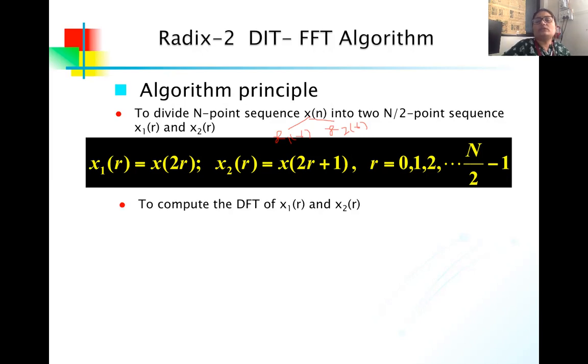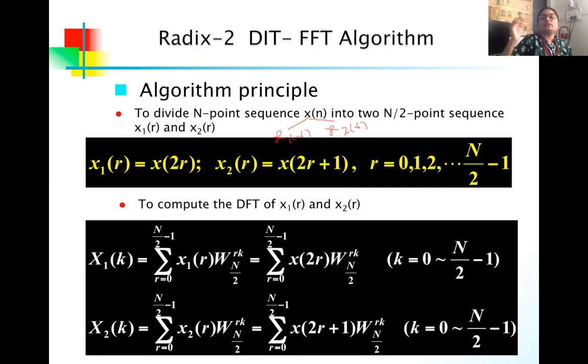Now, after division, this x1 of r and x2 of r are used to calculate the DFT values. Here the total equation is written.